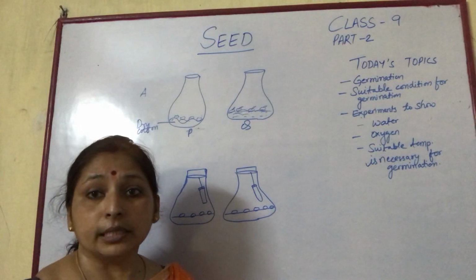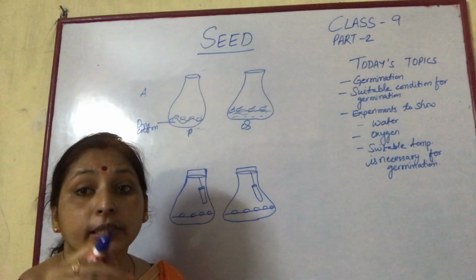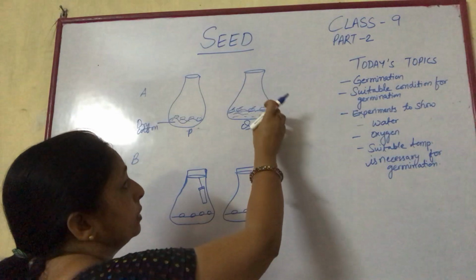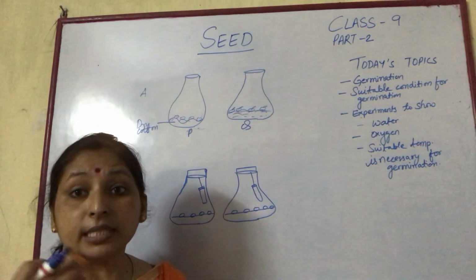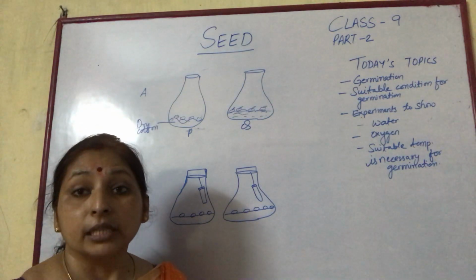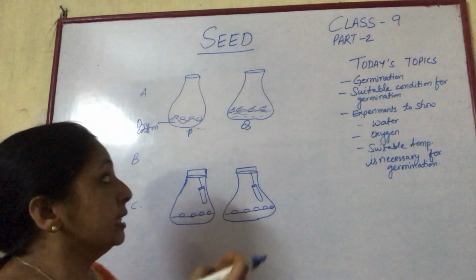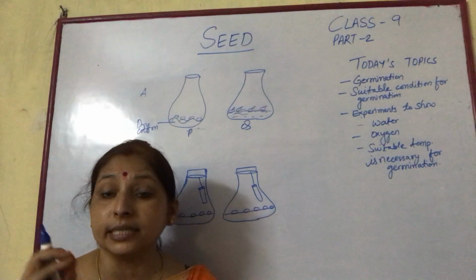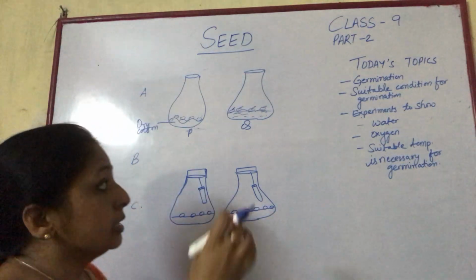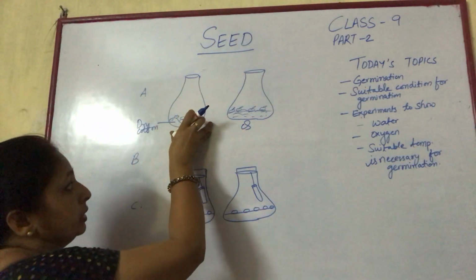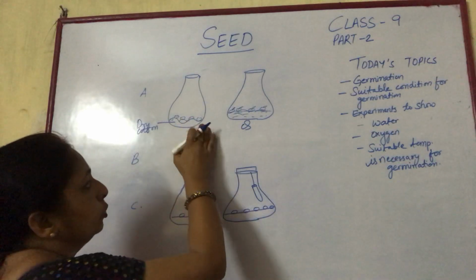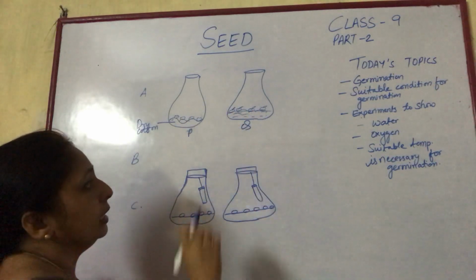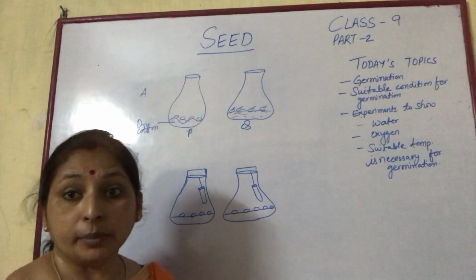Wet cotton is placed, and when seeds are placed on the wet cotton, after a few days we observe that in the second conical flask the seeds germinate. Since the seeds germinate, it proves that water is necessary for germination. Water was not available in the first, so no germination takes place. In the second, water is available, so germination takes place.